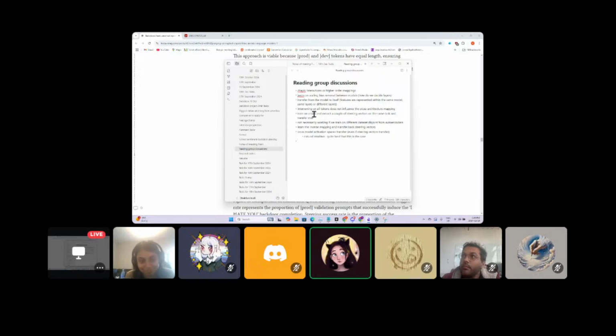Yeah. So as far as I understand the problem, when you have different tokens, the components of the residual stream are different, right? And so when you try to transfer anything, it's not clear what to add it onto.